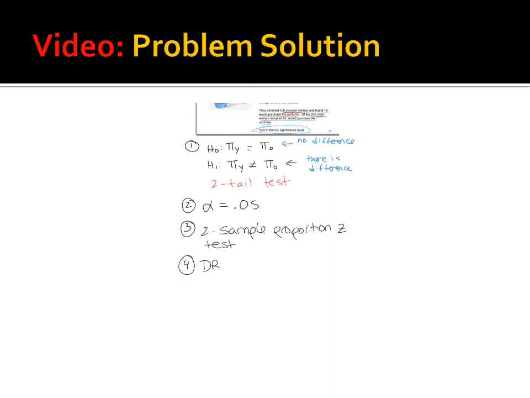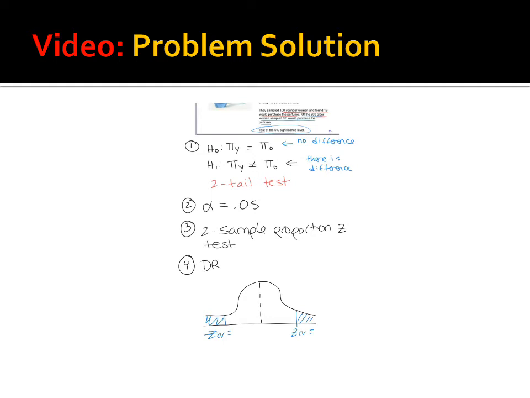Set up our rejection regions. Since this is two-sided, we have two critical values: a negative z critical value and a positive z critical value.